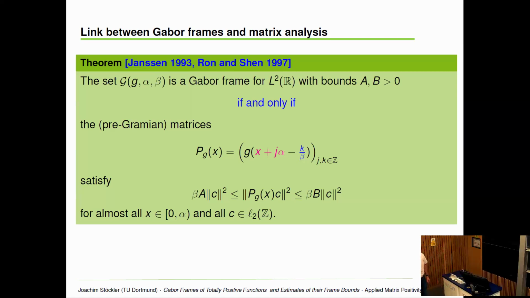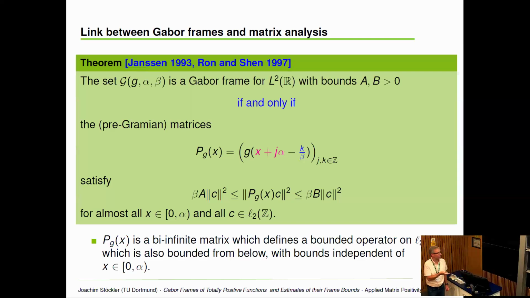So this is a bi-infinite matrix, and j rules over the rows, k rules over the columns, and g is a Gabor frame if and only if this matrix is bounded above. I wrote it down here. So it's a bounded operator with a bound independent of x, and it's bounded below.